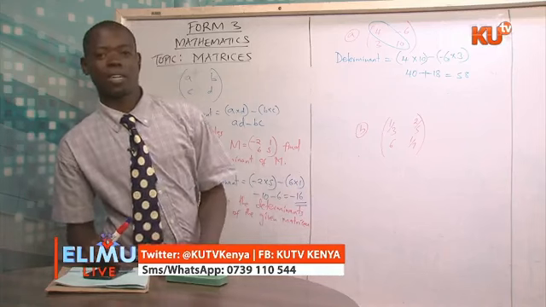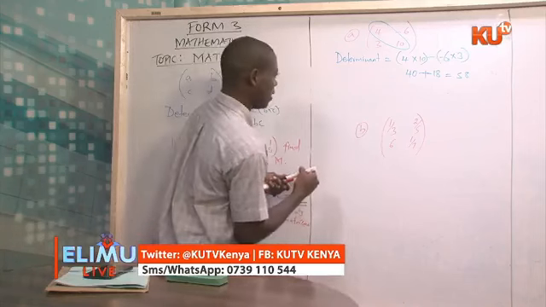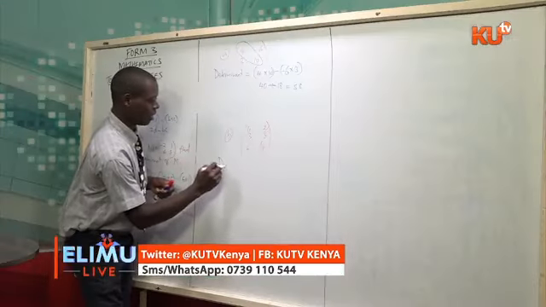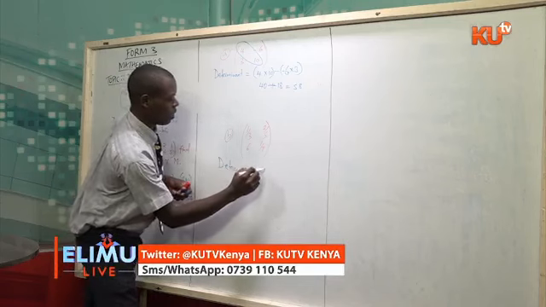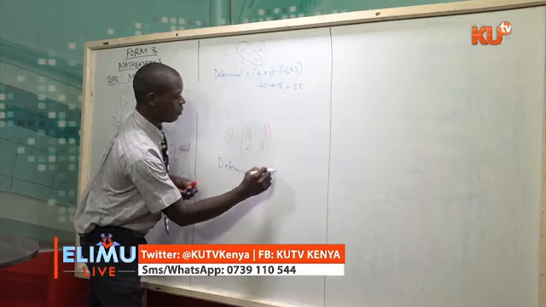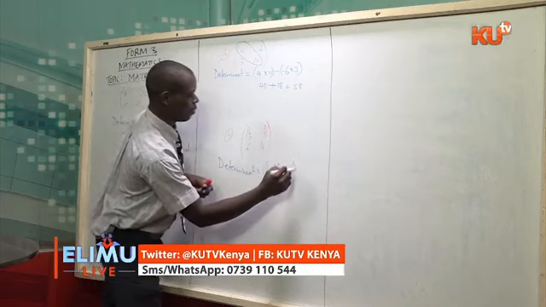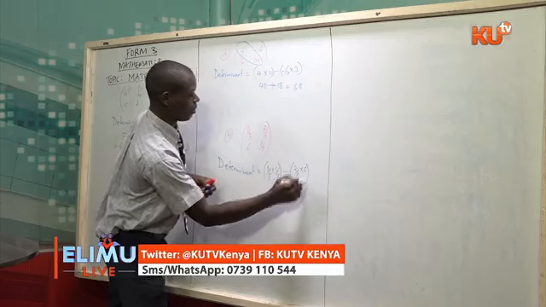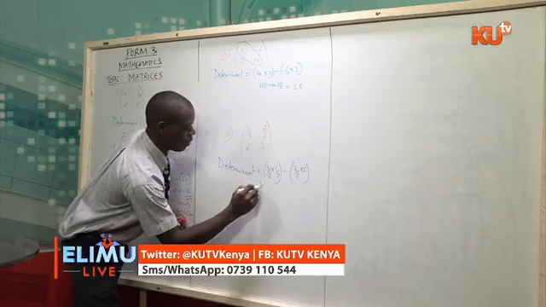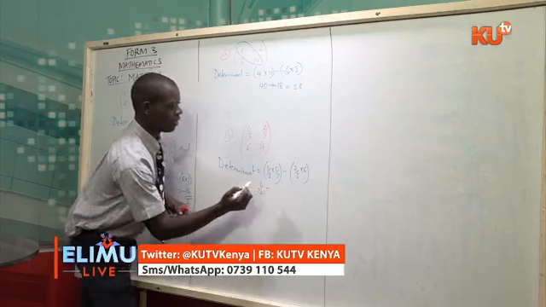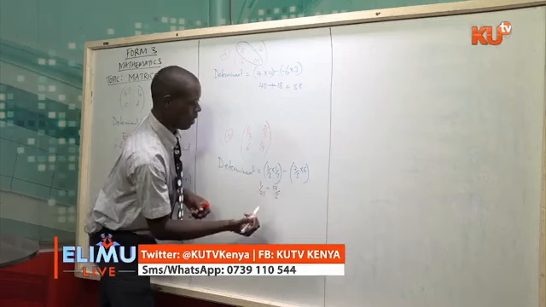We will work out the same way, that the determinant of this matrix will be equal to 1 over 3 times 1 over 7. Then we minus 2 over 5 times 6. 1 over 3 by 1 over 7 is 1 over 21. We minus 2 over 5 by 6, which is 12 over 5.